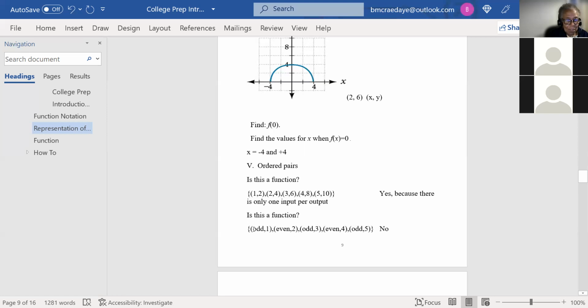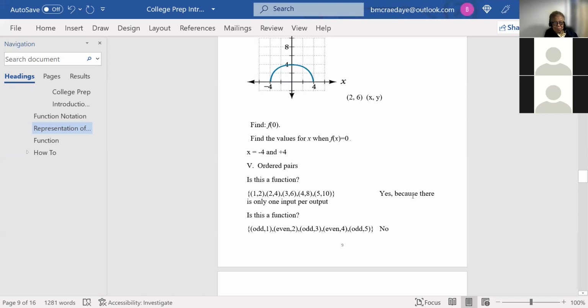So if I have odd 1, that's the input, that's the output. But I have an input again with another output. And that makes it not a function because it's more than one output per input. So odd has 3 different outputs here. Whereas here, the number has only one input per output.